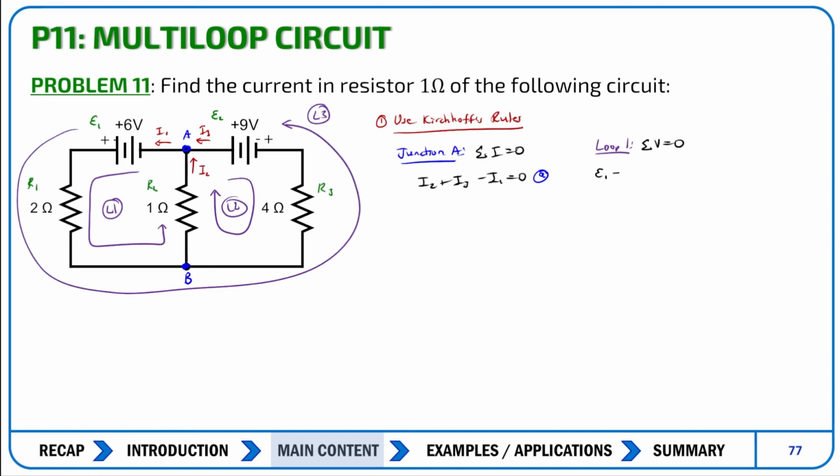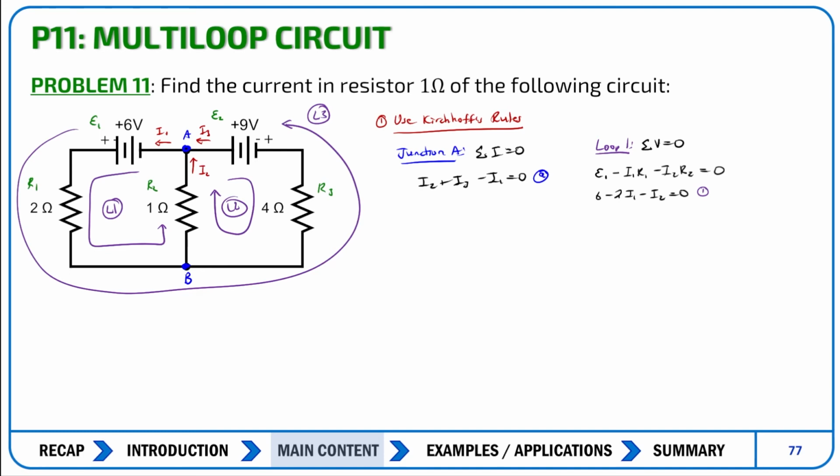So I have minus I1 R1 minus I2 R2 equals 0. So what that tells me is I have 6 minus 2I1 minus I2 equals 0. And I'm going to call this equation 1.